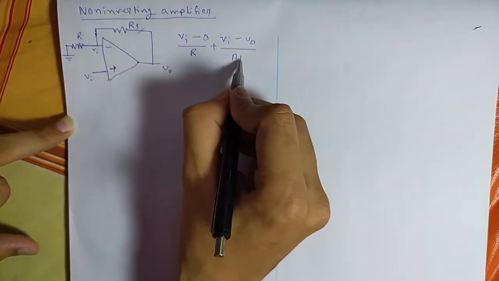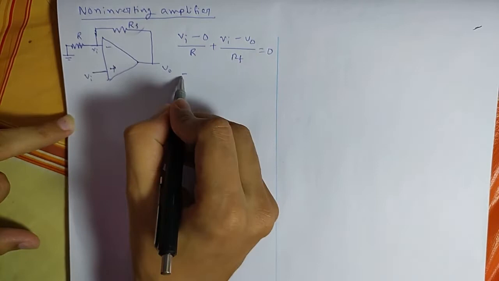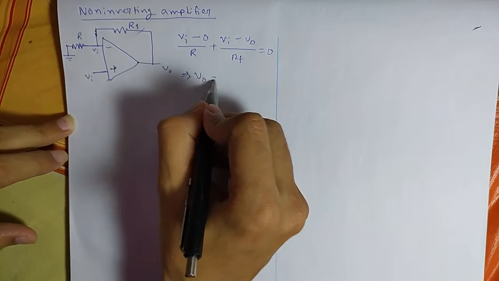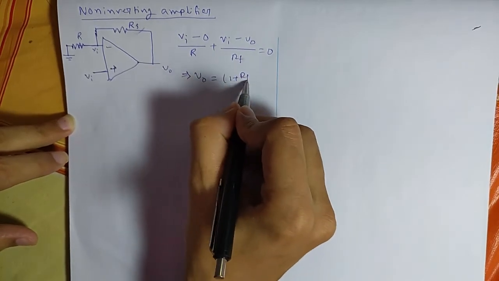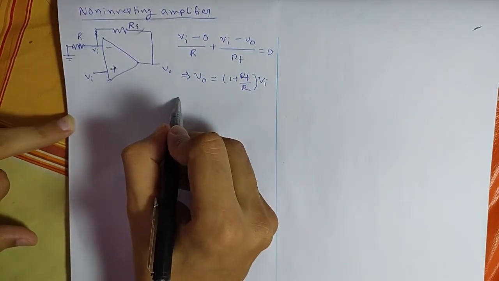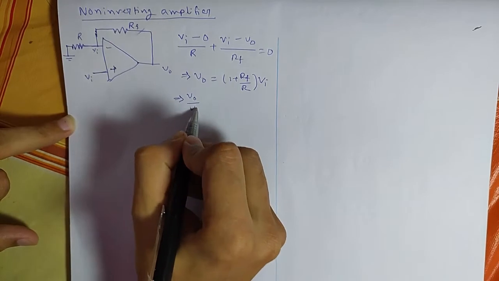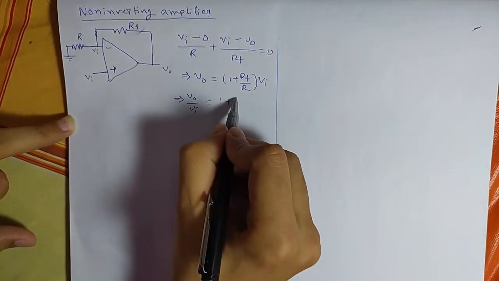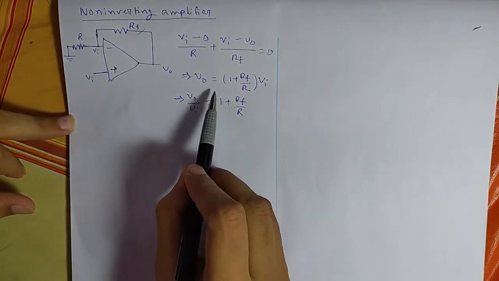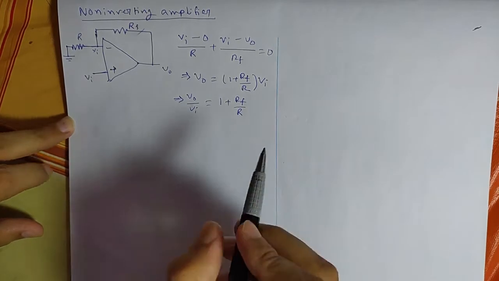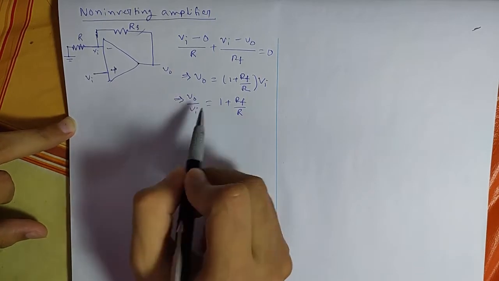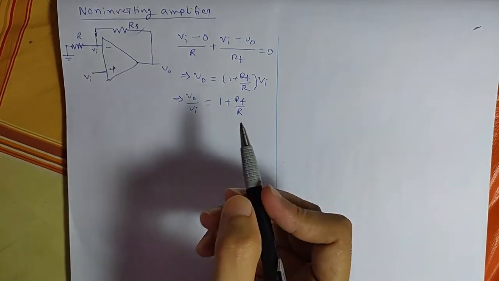by Rf equals 0. Taking Vi common, V0 will be (1 plus Rf by R) Vi, so the voltage gain V0 by Vi is 1 plus Rf by R. As you can see from the expression, it has a positive sign, so the gain is positive here, so it will not invert the output.